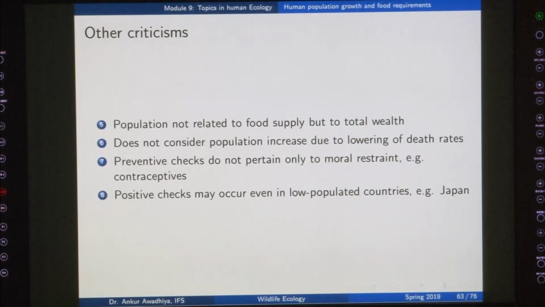Why? Because if a society is more affluent, it would be able to afford modern medicine, more nutrition, and newer advances in science and technology, and in that case we will see a lowering of the death rate, and with a lowering of the death rate, after a while the society will also progress towards a lowering of the birth rate.